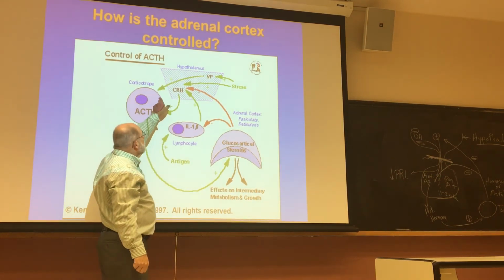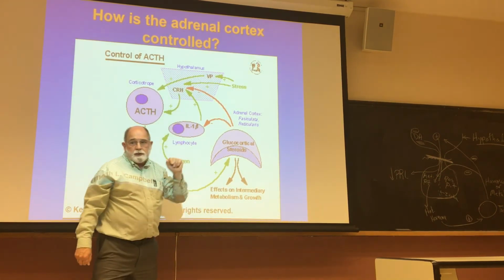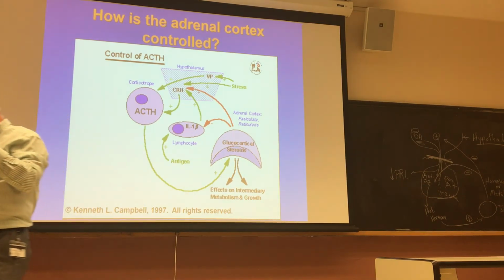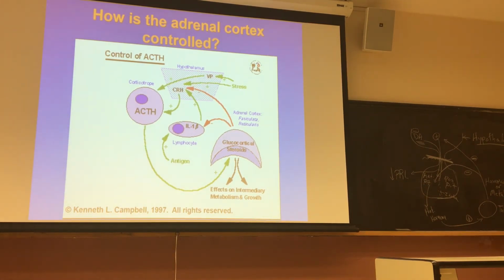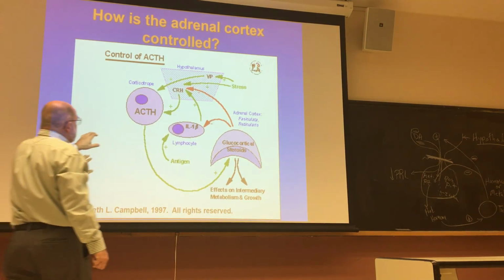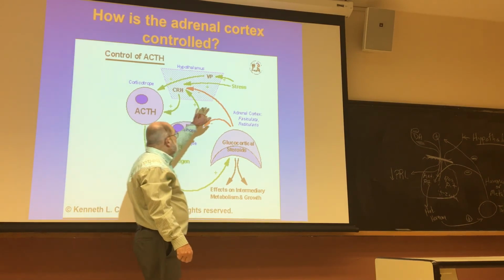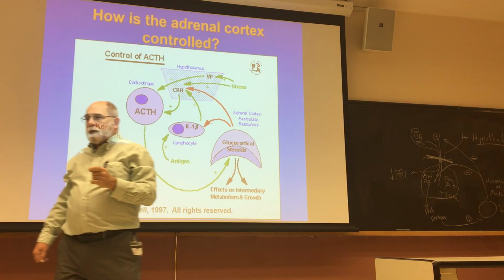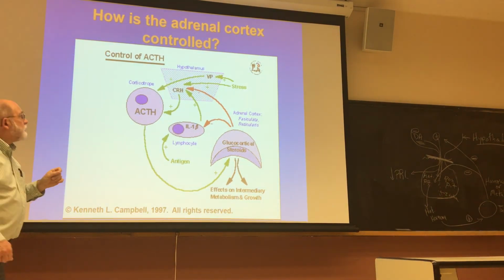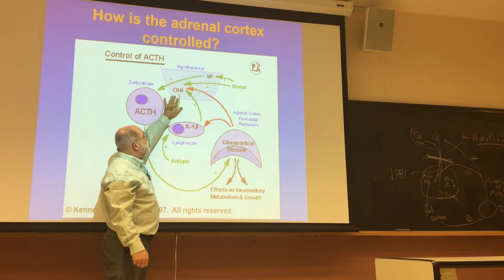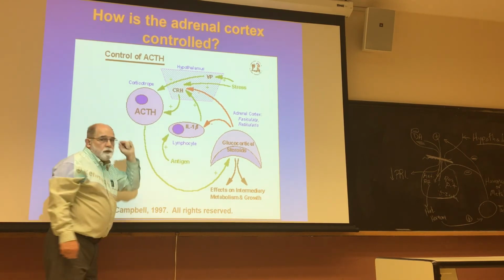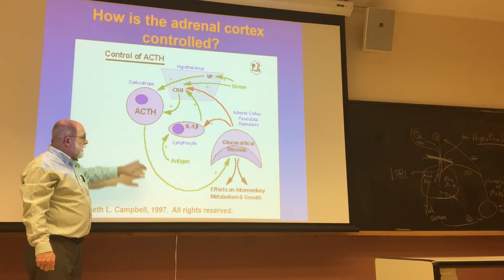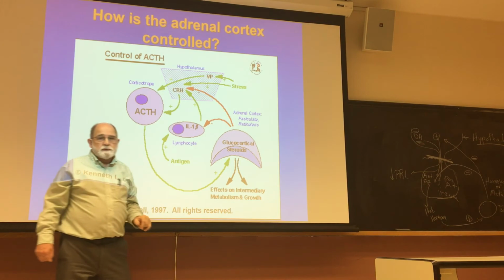And then you've got vasopressin, which is, remember, a posterior pituitary peptide hormone, which contributes to stimulation of ACTH. And then various stressors acting through the nervous system stimulate, particularly, CRH production, to stimulate ACTH production and glucocorticoid levels.